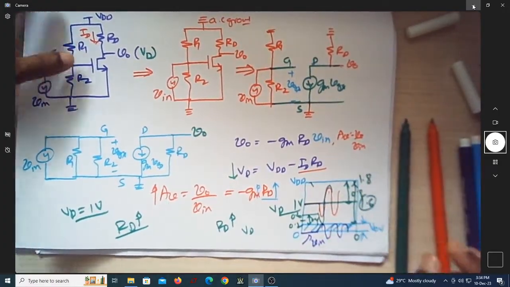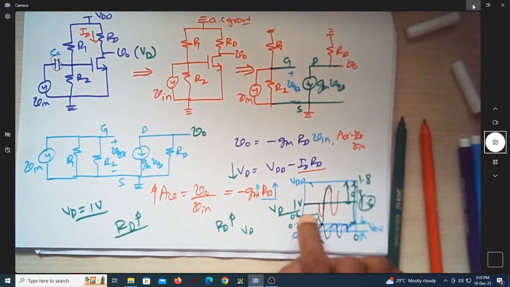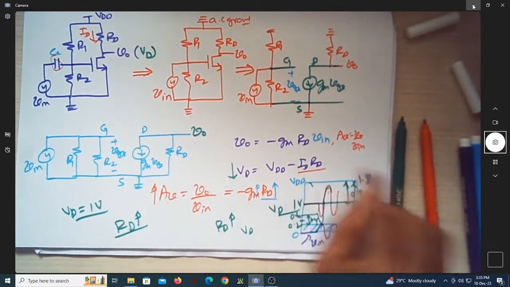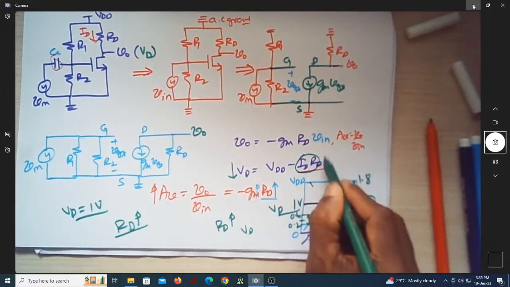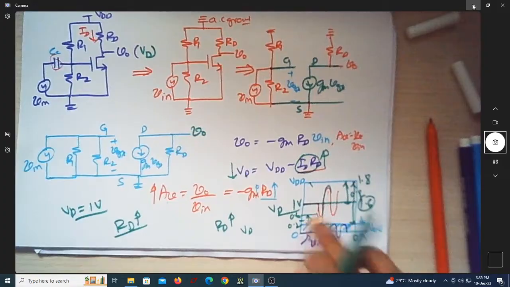So then we have to find some resistor which should offer very high resistance but should not consume too much voltage drop. As you can see here, if this voltage drop is more and more, I will have lesser and lesser VD, which will reduce my swing.